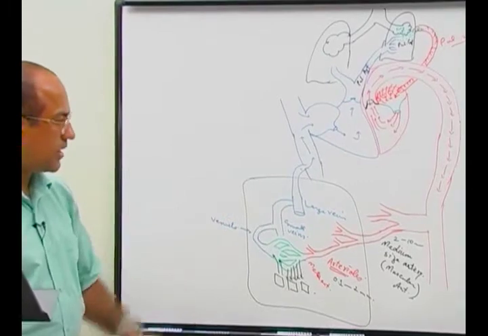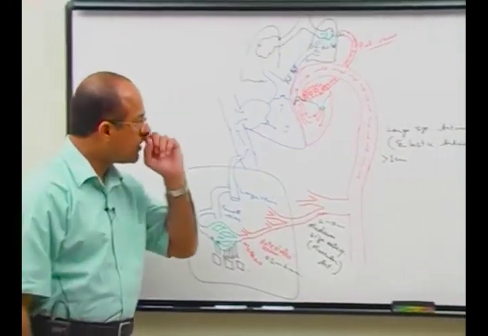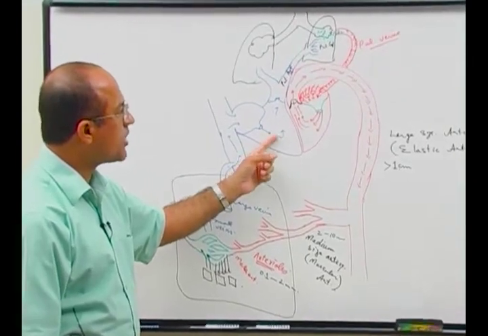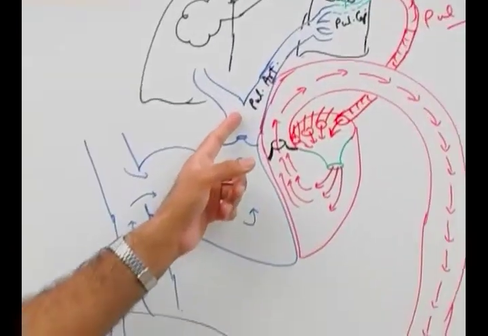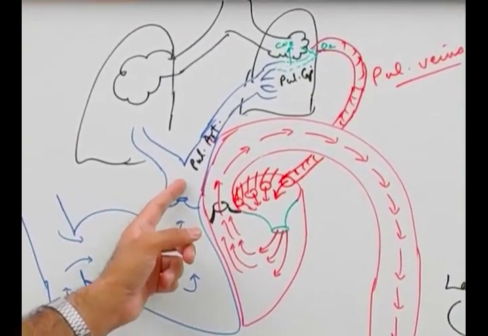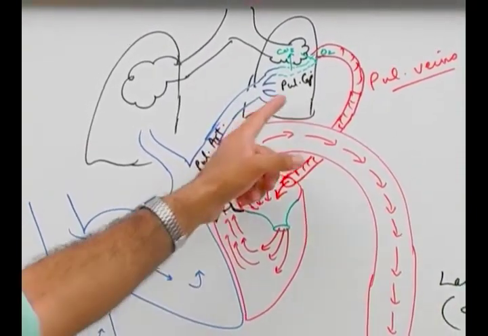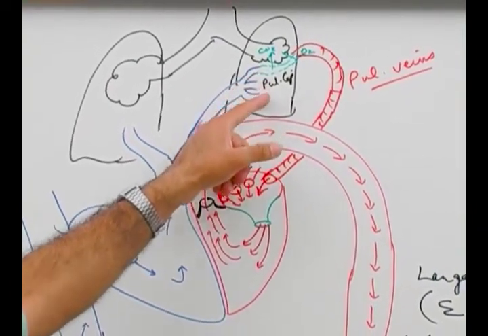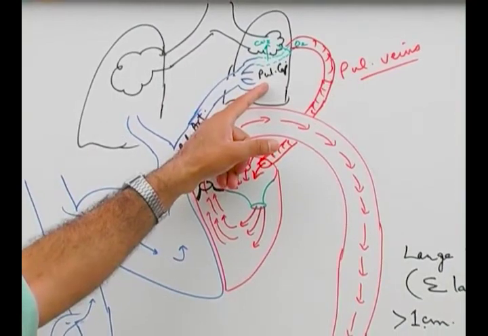So let me tell you again that the right ventricle pumps the blood to the pulmonary arterial system. The pulmonary arterial system takes the deoxygenated blood to the lungs. In the lungs, through the pulmonary capillaries, blood gets oxygenated.